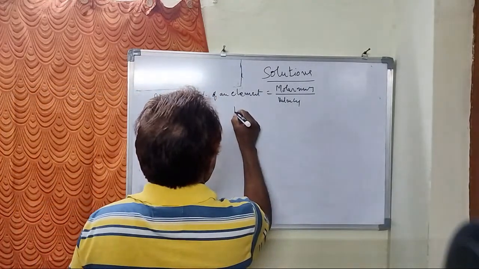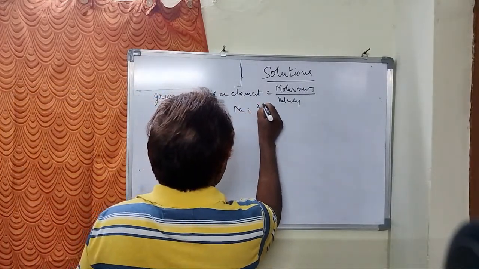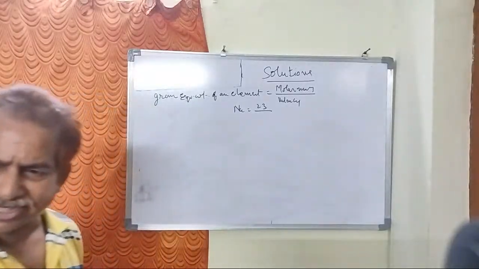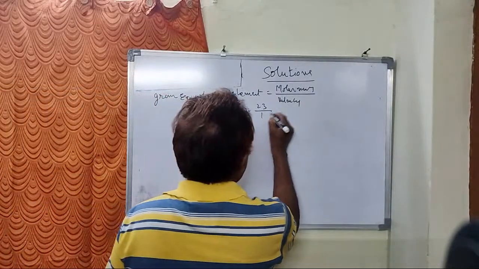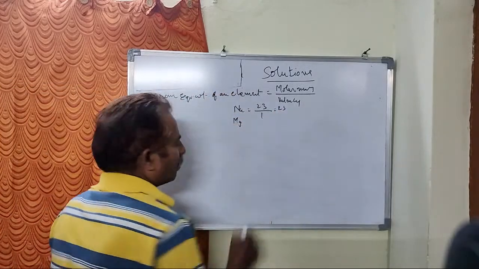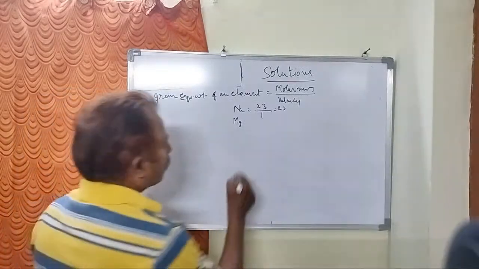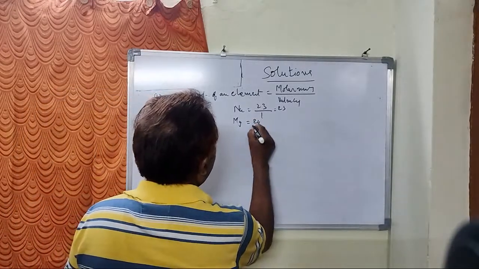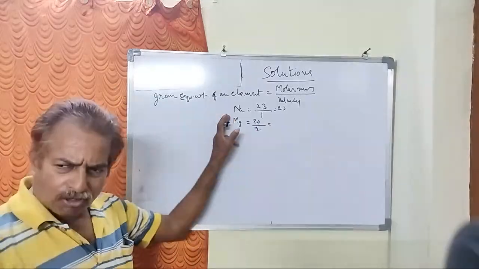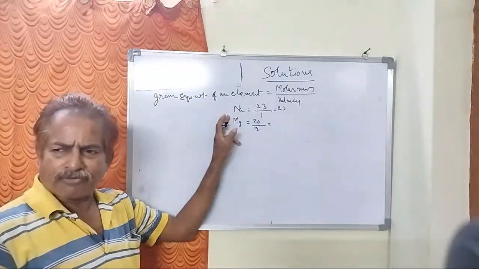Gram equivalent weight of sodium equals molar mass of sodium, which is 23, and its valency is 1. Therefore, it is 23. Similarly, gram equivalent weight of magnesium. Molar mass of magnesium is 24 by valency 2. Sodium belongs to alkali metals, that is the first group.